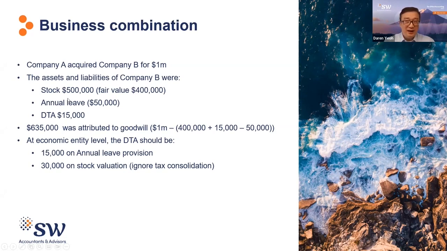However, at the economic entity level, let's ignore tax consolidation at the moment, the economic entity has two future deductions. One is the annual leave provision, and two is the fact that the fair value of stock is less than the tax cost of 500,000. So there's an additional deferred tax asset of 30,000 on stock.